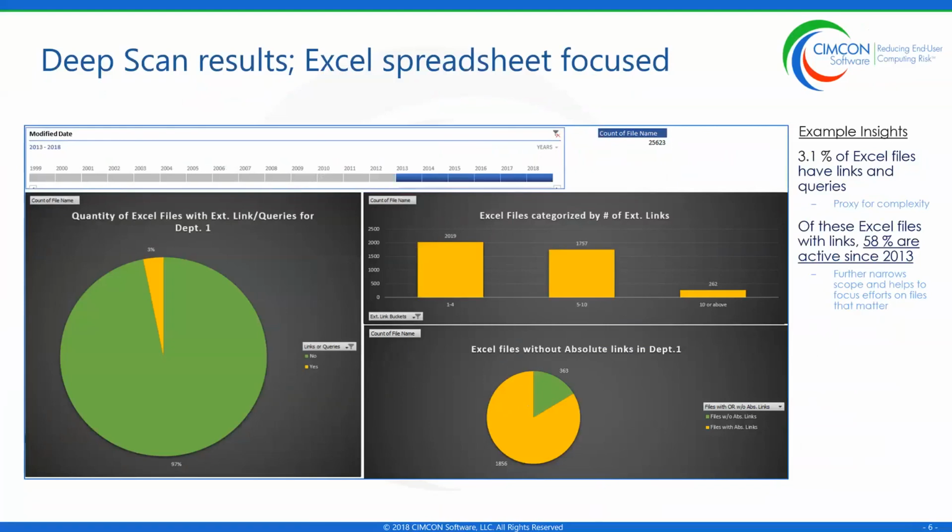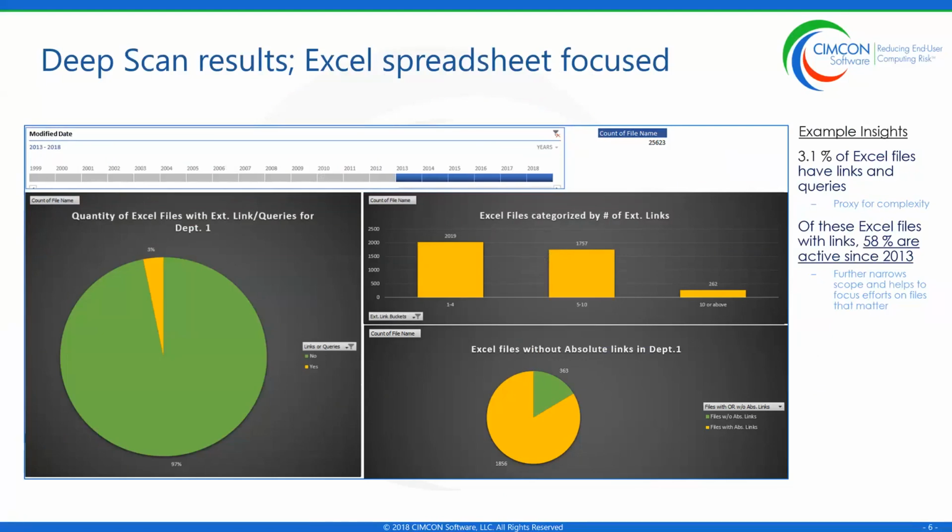You know, typically a higher risk file is connected to a lot of other spreadsheets. So, for example, here you can see that there's almost 1,700 files that are connected to between 5 and 10 other spreadsheets. Also, scanning technology can help look at connections to corporate databases.